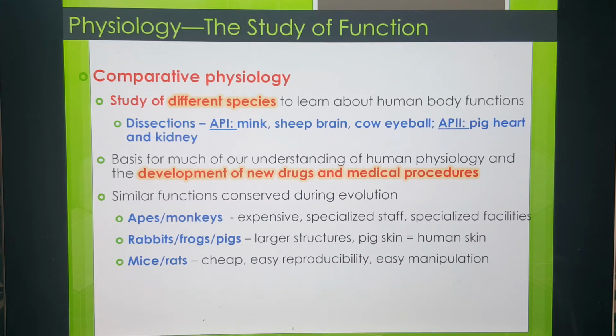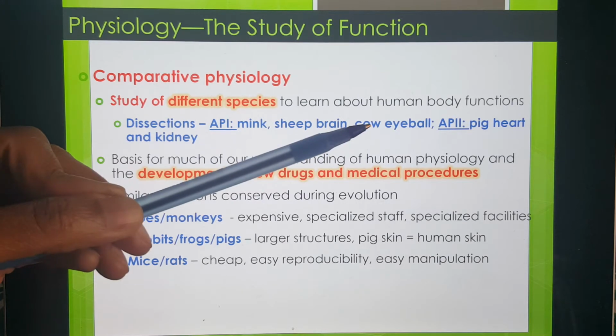Starting with our first topic, comparative physiology. With the theory of evolution, and with more complex beings evolving from lesser ones, we are able to use, for example, animals in order to study human anatomy because their structures are very similar. For AP1, we will dissect a mink as well as a sheep brain and a cow eyeball.